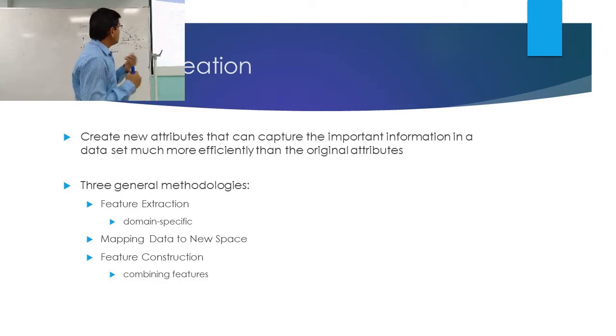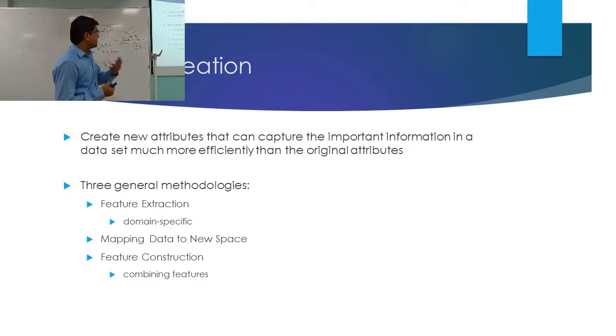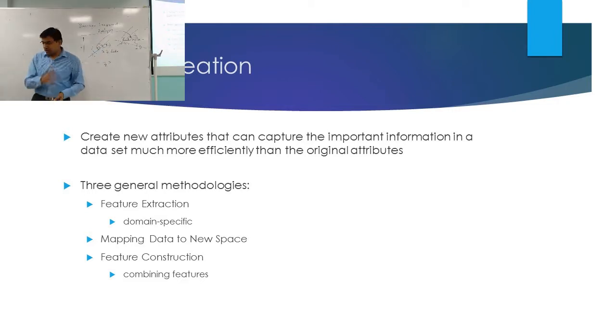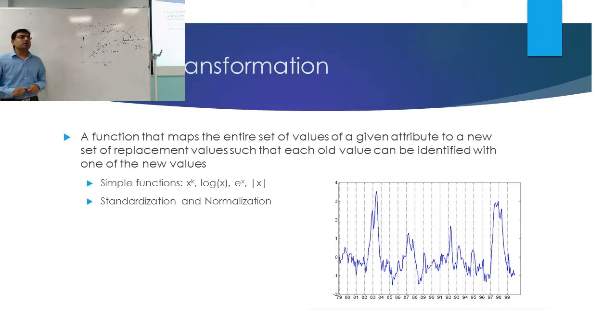Now there are different domains, so there are different feature creation technologies. Say mapping of data to a new space, feature construction, domain specific features. These are very domain specific tasks, and they also need some kind of transformation. For example, if you would like to work in the frequency domain rather than the time domain, then you will perform the Fourier transformation.